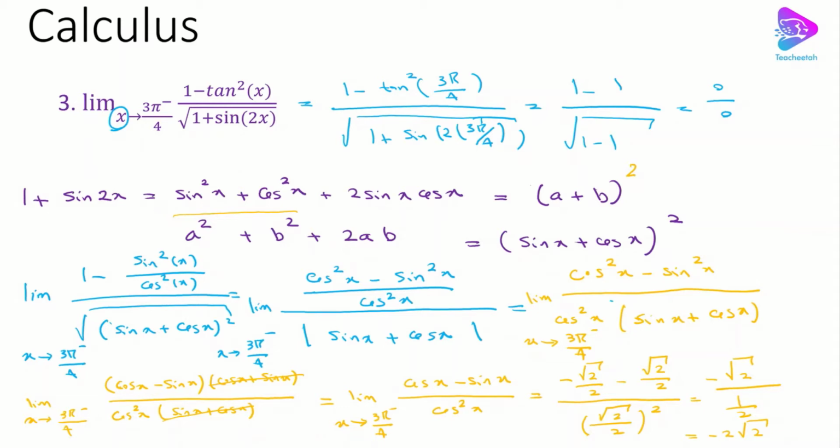Therefore, what we have is a plus b squared, which means we have sine x plus cos x squared. Then we just plug in that sine x plus cos x squared into the limit, and we move forward with some more simplification, and finally we got the answer.